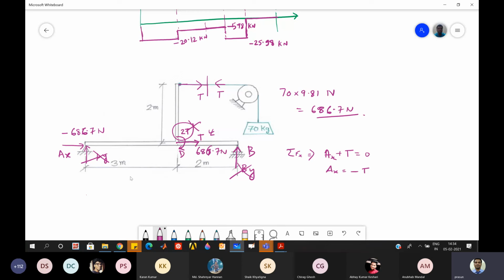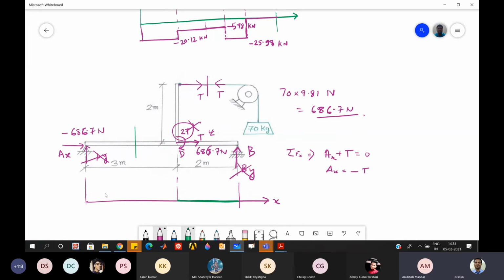Now if you see this DB portion, there is nothing, so it is 0. Within this it is 0, so there is nothing, and here it will be tension or compression. Can you tell me, between A and D?